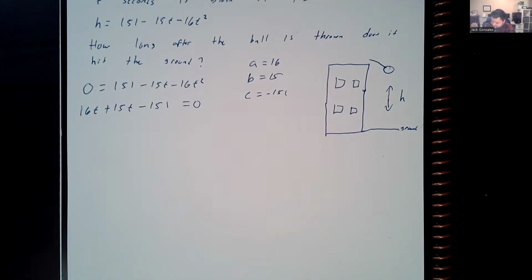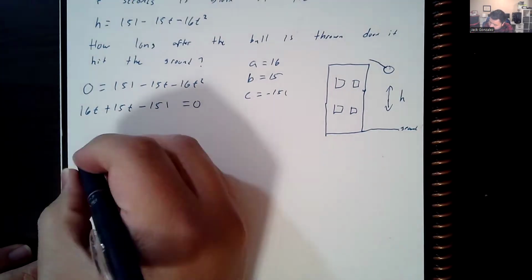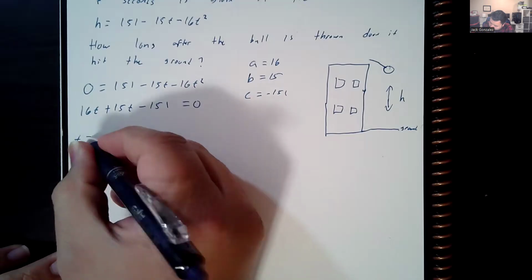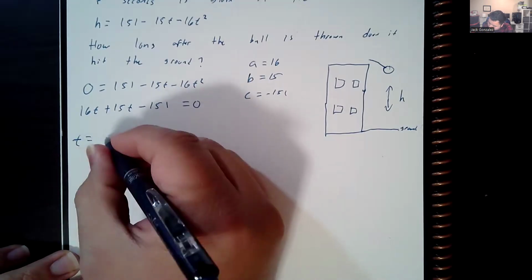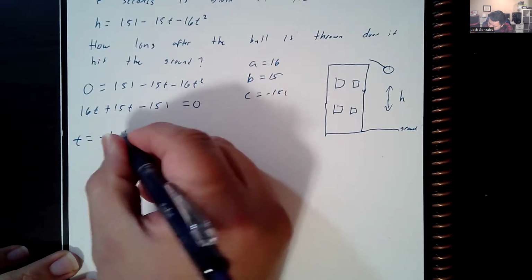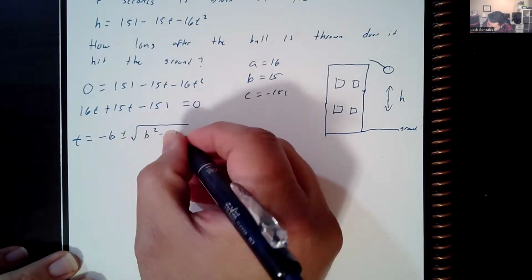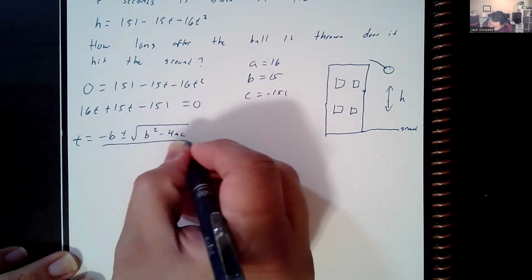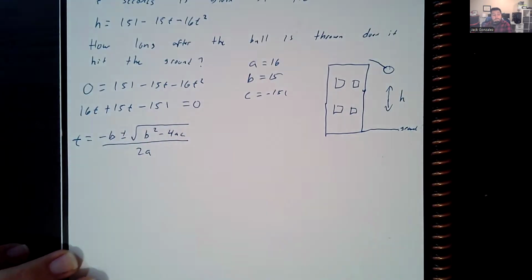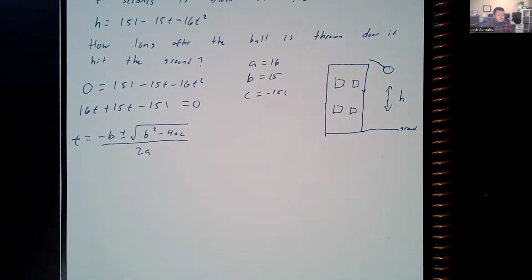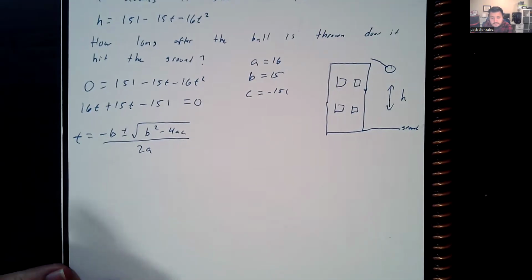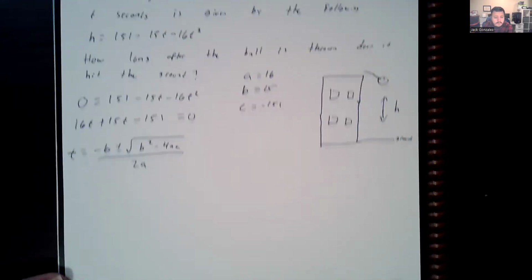Okay. So solve for t. The quadratic formula says your variable will be equal to negative b plus or minus the square root of b squared minus 4ac, divided by 2a. Sorry, so under the weather here.